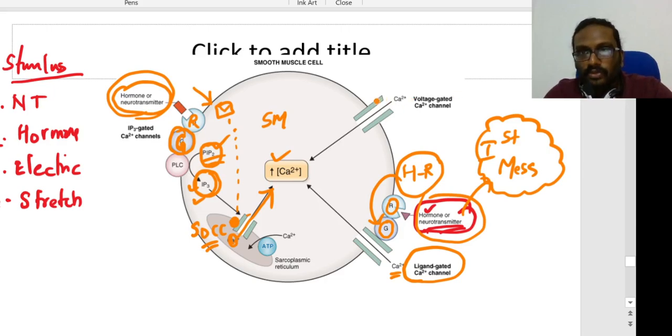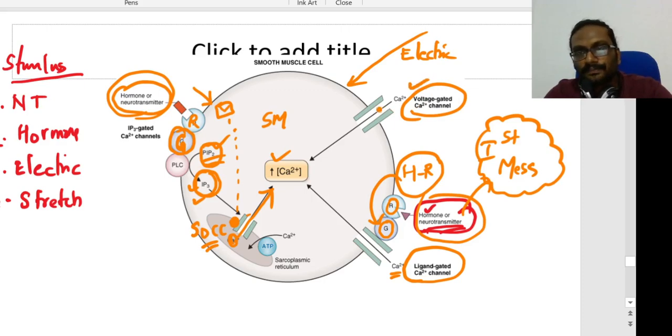We also have the voltage gated calcium channels. If you give a direct electrical stimulation, this can activate the voltage gated calcium channels, and this way also calcium can come in.